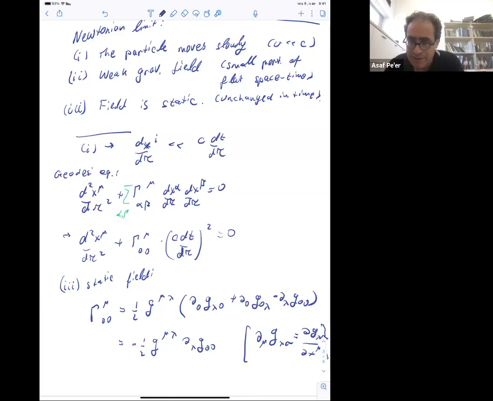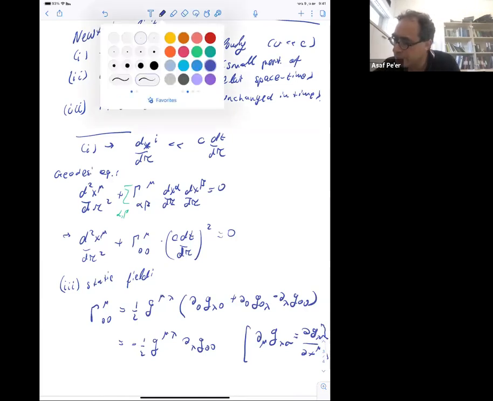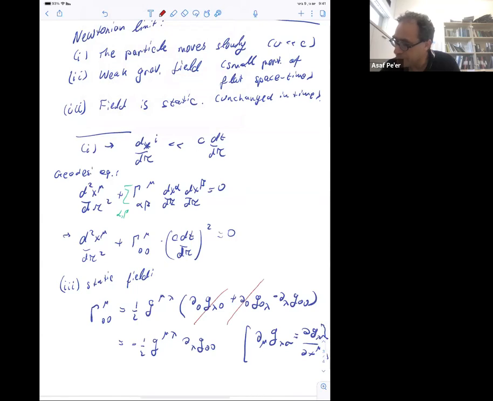There are some other corrections, but they're small, so I can forget about them. Remember, it's a weak field limit. I cannot do it if the field is strong. And then I use the assumption, not the fact, that the field is static, so I can get rid of all the time derivatives of g, because they are 0.